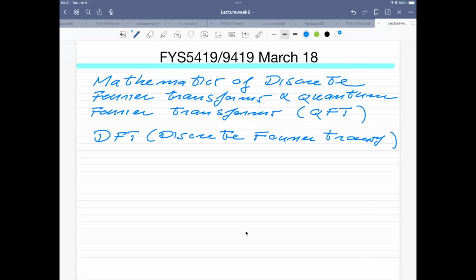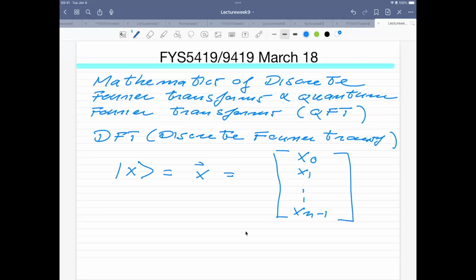So if we have a vector, we're going to start with the discrete Fourier transform. The way we have written a vector is in terms of the standard bracket notation. You could think of a vector x0, x1, these are the different components of the vector. Then we are going to make a transformation to a new basis.